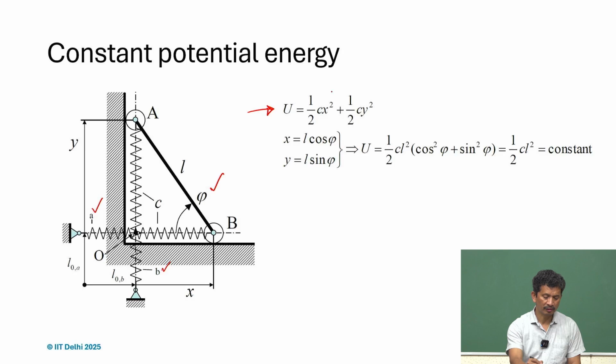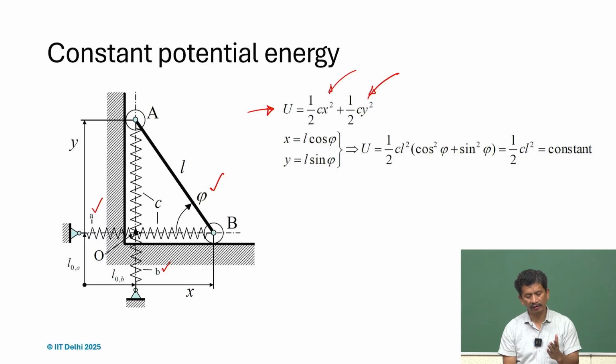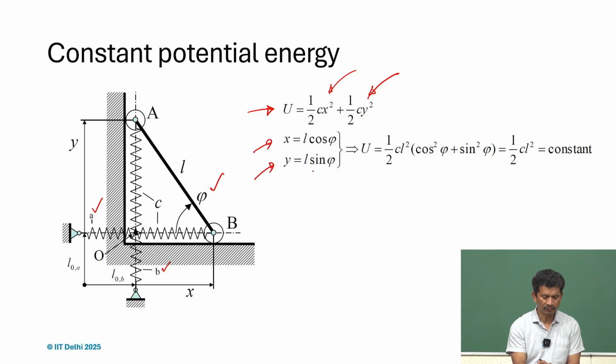So we can write the total potential energy as half Cx square for spring A and half Cy square for spring B. We can write x square and y square because that is the total deflection in that spring. So here the spring A and B, the way it's configured, we can say is a zero length spring or ideal spring. If that is the case, x and y we can write in terms of phi.